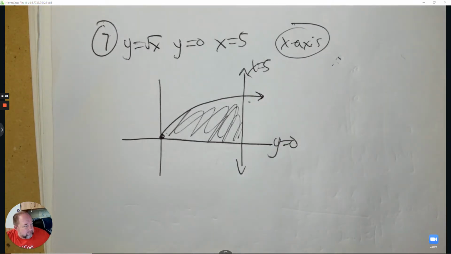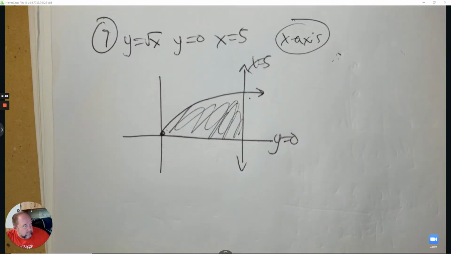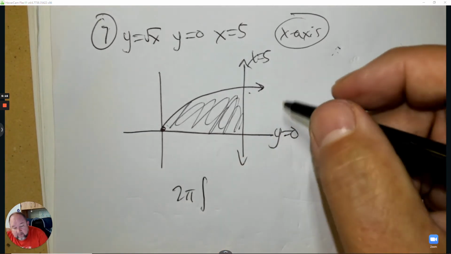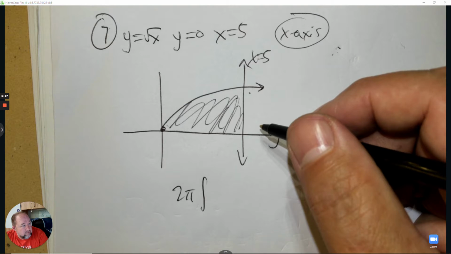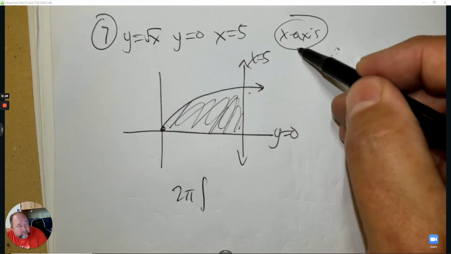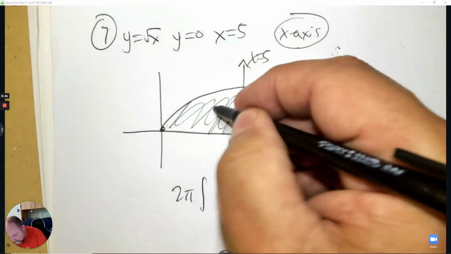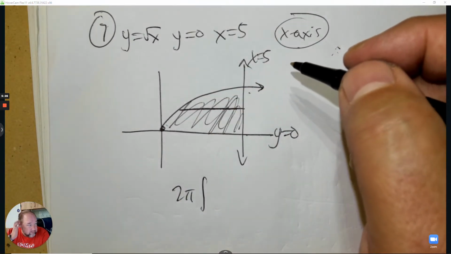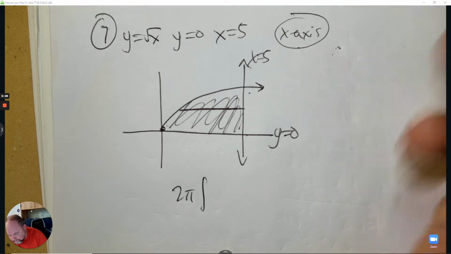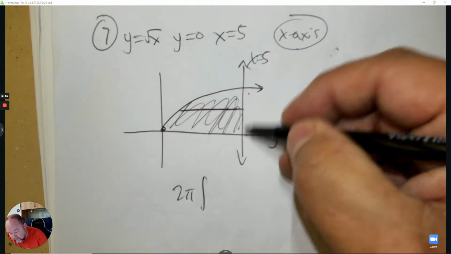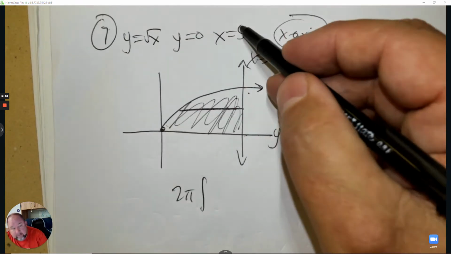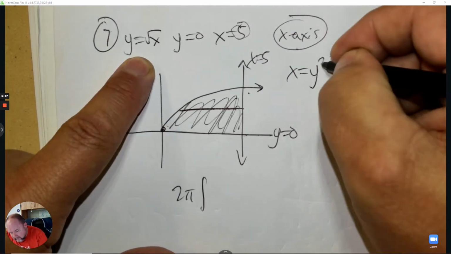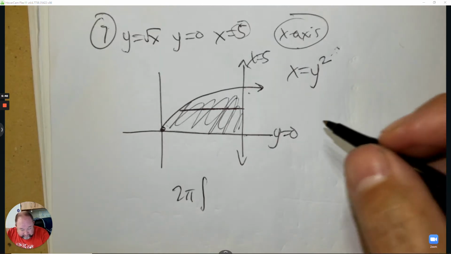So my bounds, using the shell method, so for number 7, if I'm revolving it around the x-axis, it's going to be the y values. So it goes 0 to the square root of, right? Let's make this look like x equals y squared.